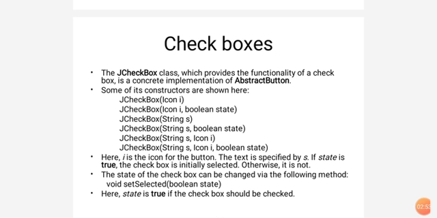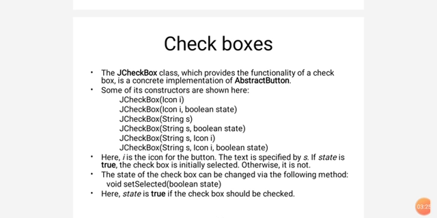Next one is the checkbox with String s, Icon i, boolean state. By this constructor, we are specifying the text as well as the image as well as the state of that checkbox. If it is true it is checked, if it is false it is unchecked. So whenever you want to create a checkbox with some image or some text, you can create it by using this type of constructor by sending parameters.